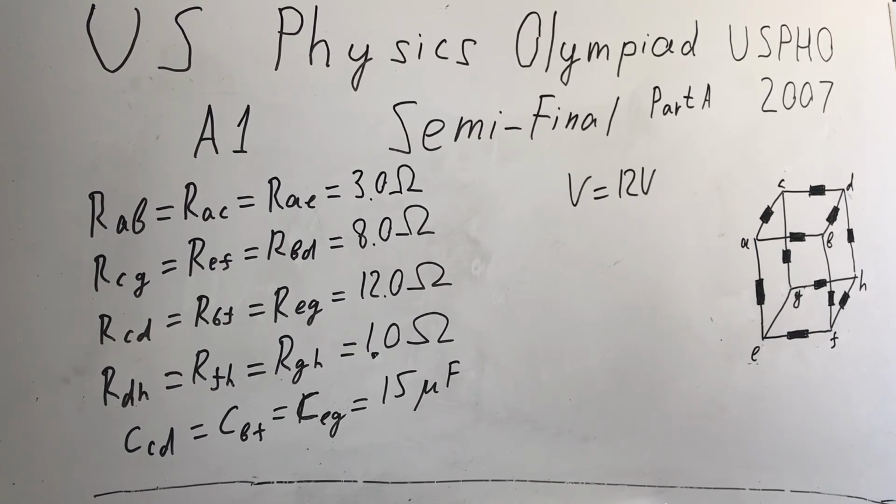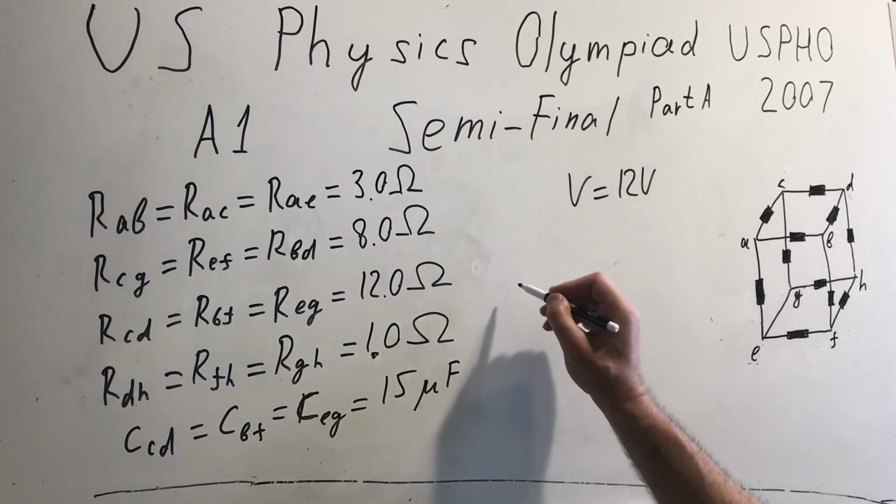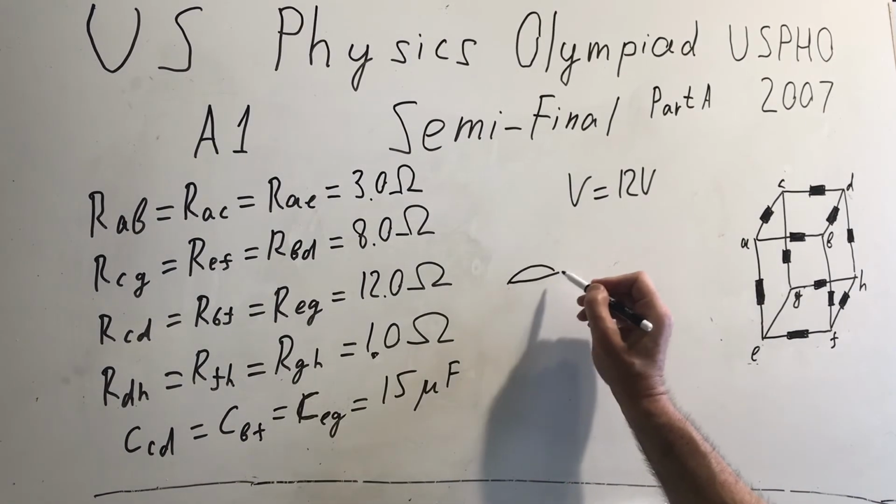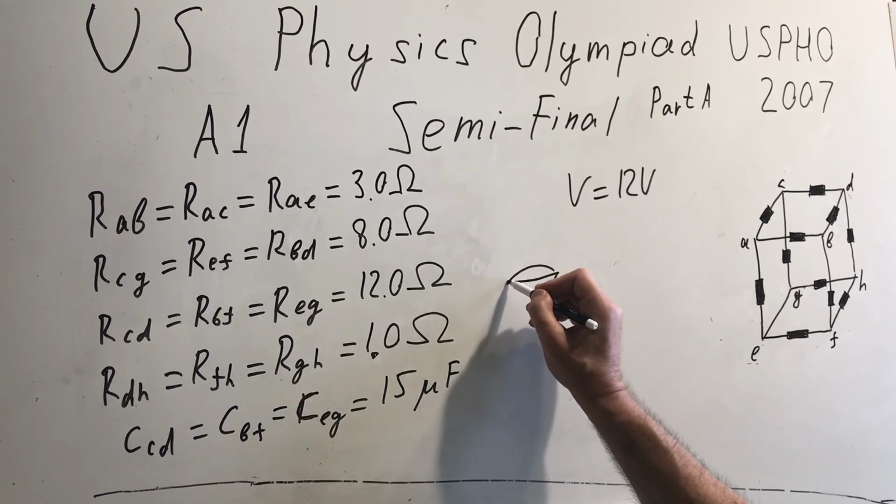So it means that now we have these capacitors fully charged, and there is no current through a capacitor. Again, we can use the equivalent connection as in the previous case.